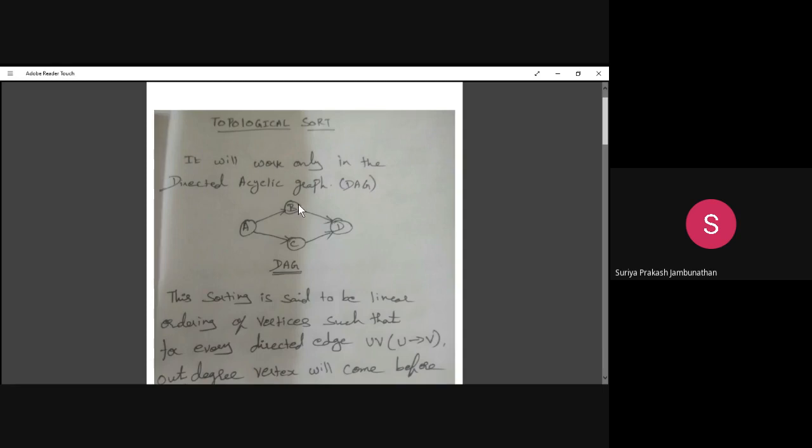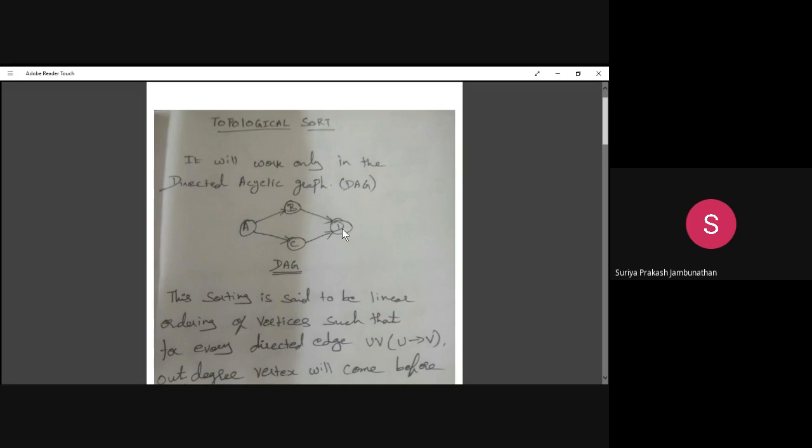For B, only one node is coming towards B, so the in degree of B is 1. The same way, the in degree of C is 1 because one node comes towards C.